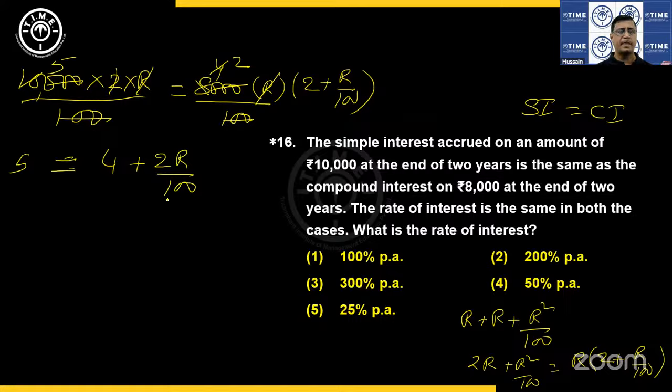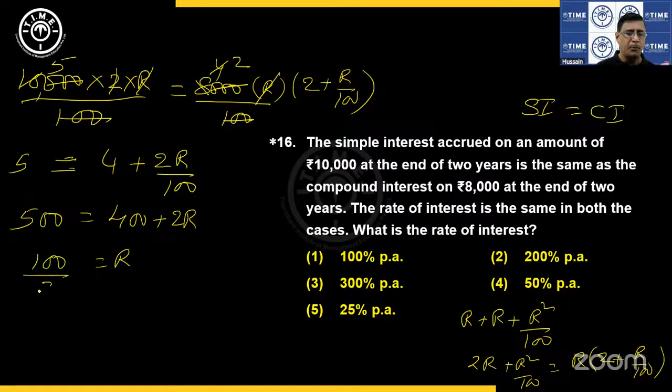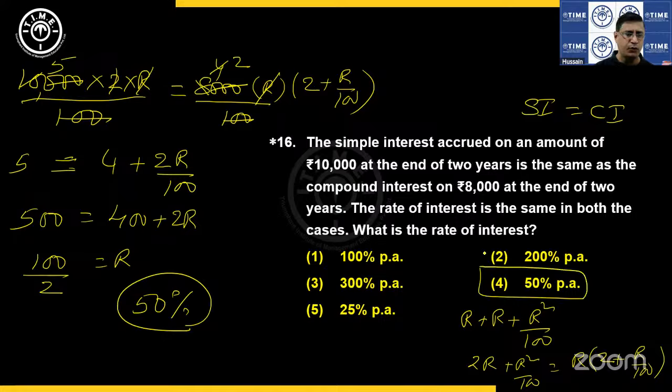Solving this, 4 into 100, 400, plus 2R by 100. Taking 100 to the other side, it becomes 500. The value of R is 500 minus 400, that is 100 by 2. It is 50%. What is the value of R? 50%. Right choice, option number 4. The fourth choice is the correct option.